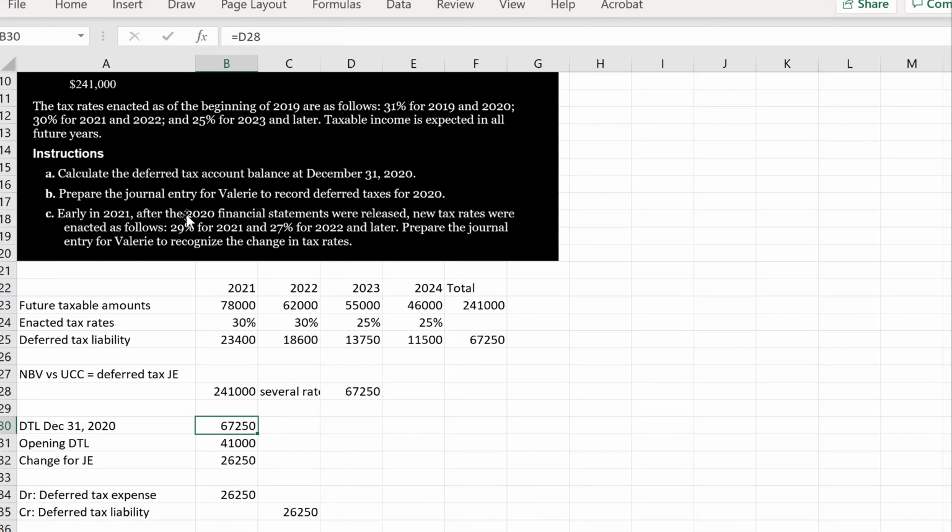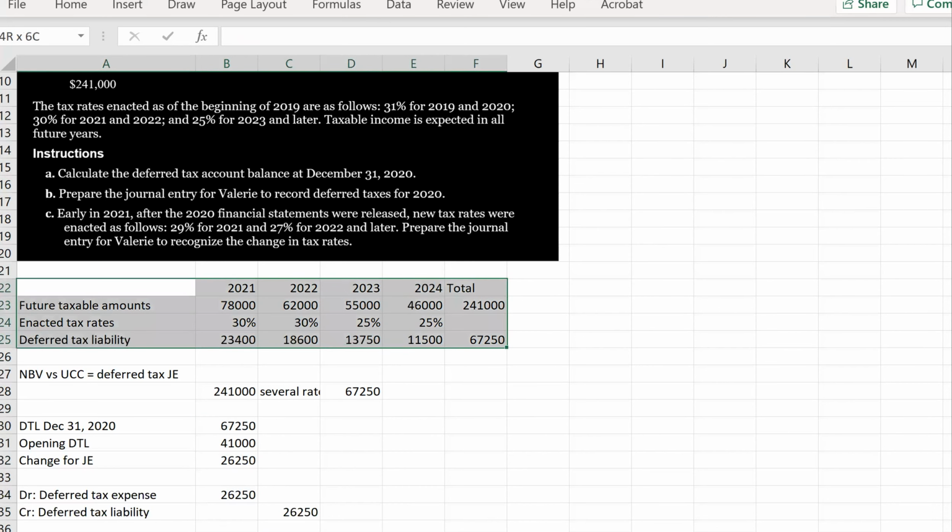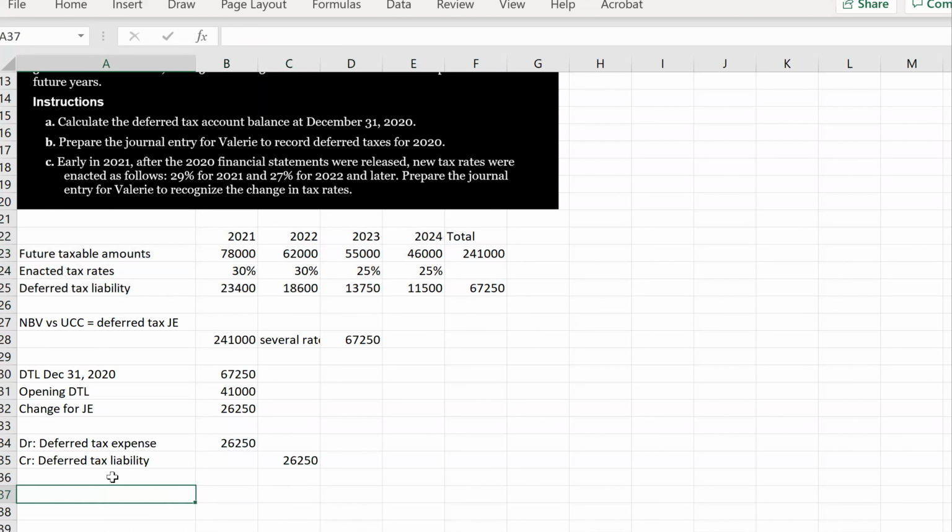He says early in 2021, after the 2020 financial statements were released, new tax rates were enacted. Prepare the journal entry to recognize the change in tax rates. Okay, we can do that. So let's take this same schedule that we have here. So let's go see change in tax rates.